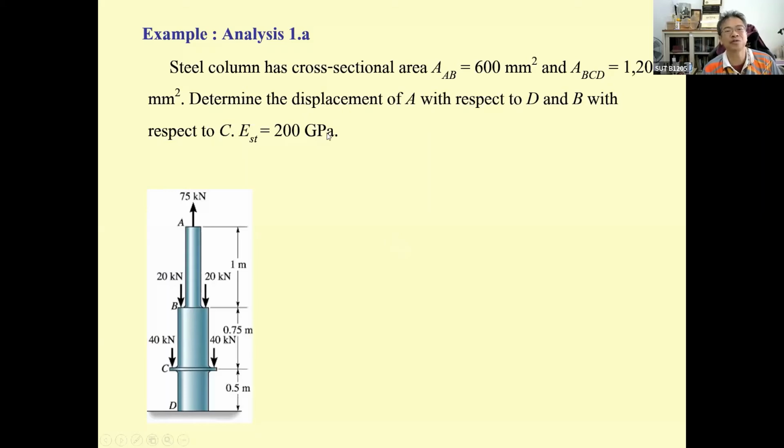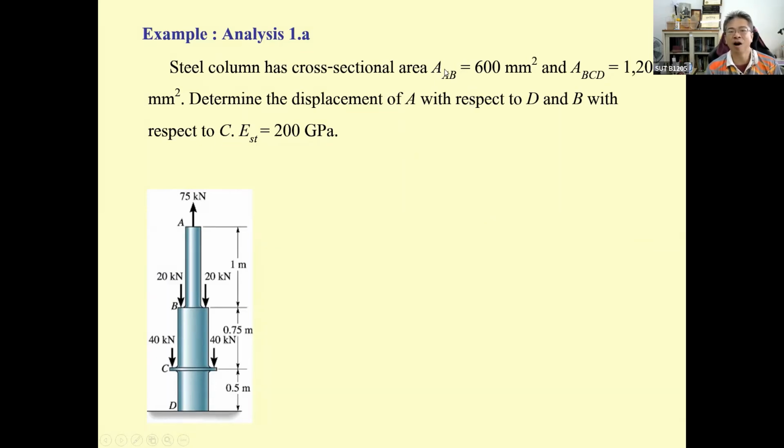We are going to start with analysis 1.8. We are going to find the stresses inside this column. If you consider this column A, B, C, D, there is going to be the first story, second story, and maybe the third portion. We have three parts of it: AB, BC, and CD.